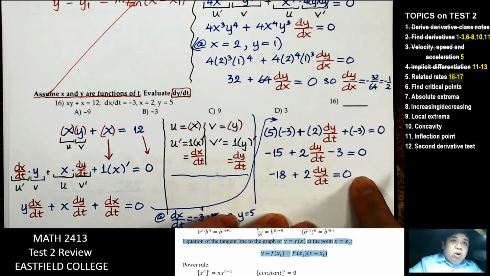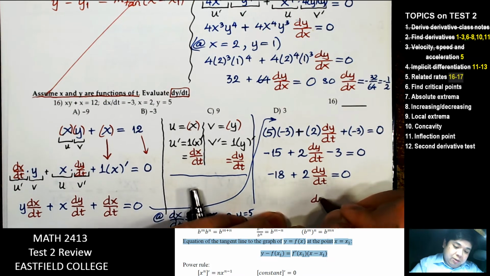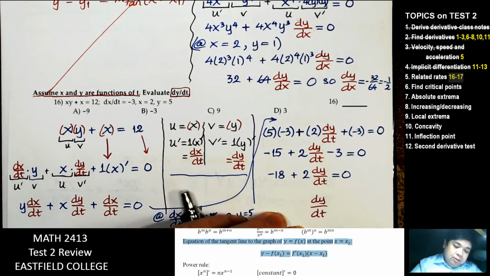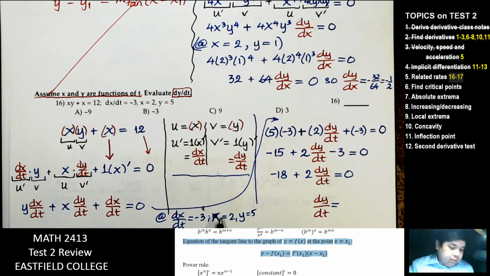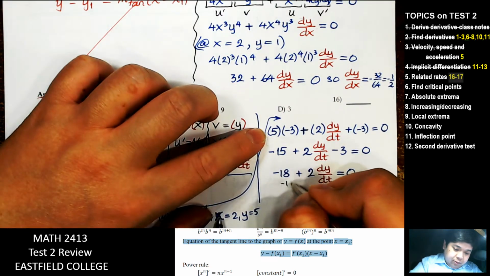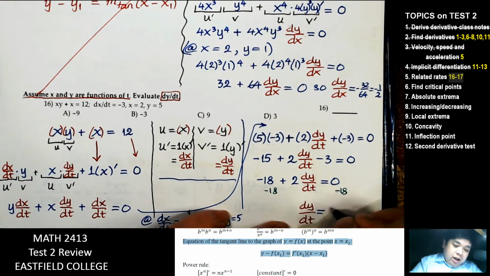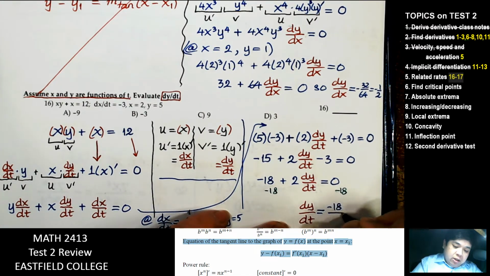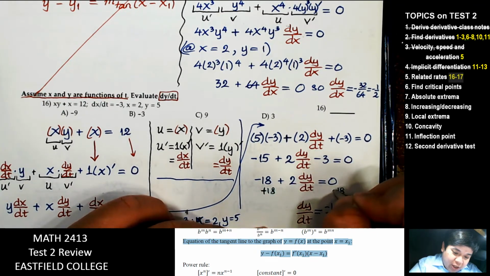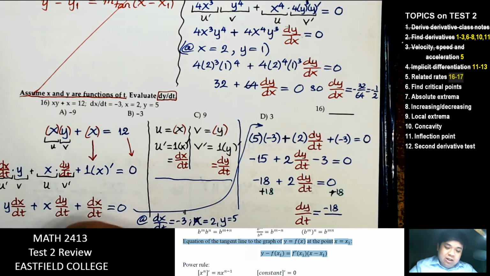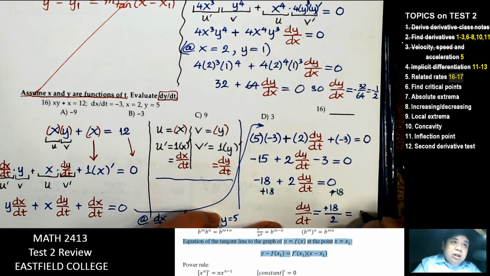We can move the 18 over, divided by 2. That's what we can do. And then divide by 2, we have -18 divided by, we should add 18 on both sides, and we should have +18 divided by 2 will be 9.